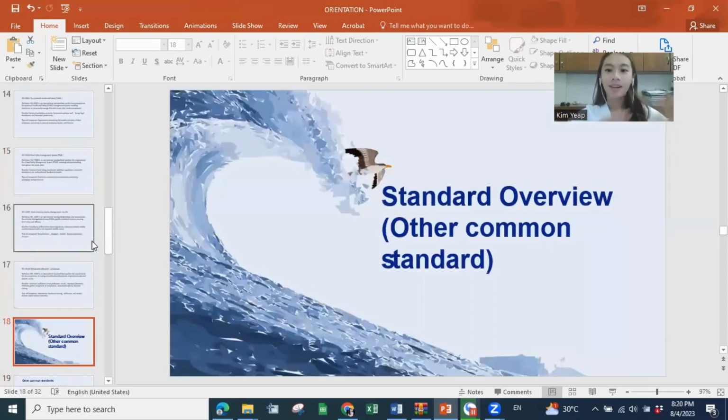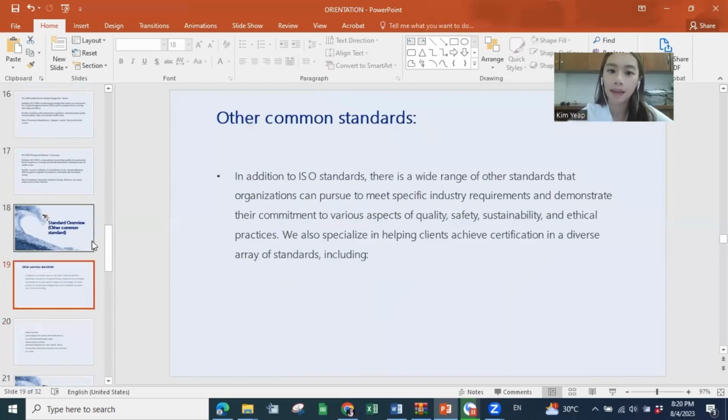Okay, now let's move forward. Other than ISO, what other common standards do we also help clients to comply with? Here is the explanation.